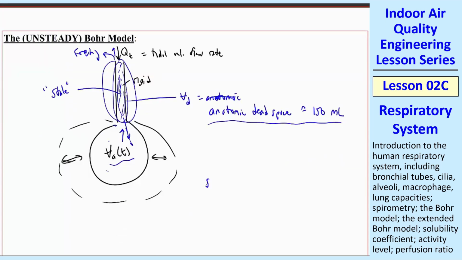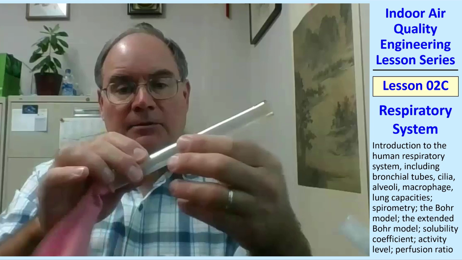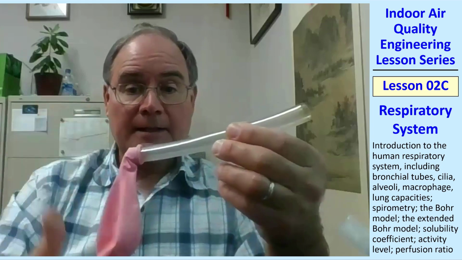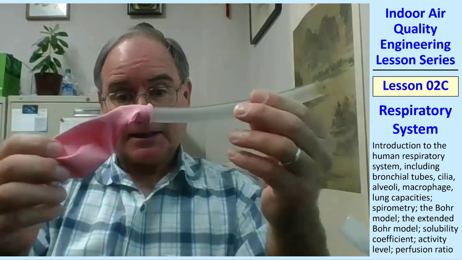I have another little demo video for this. I just took a tube and a balloon so that I can show you how that works. Here's a little demo of the Bohr model. We use a stiff tube here to represent the bronchial tubes, trachea, everything, all the bronchial tubes going down to the alveoli. This balloon represents the alveoli.